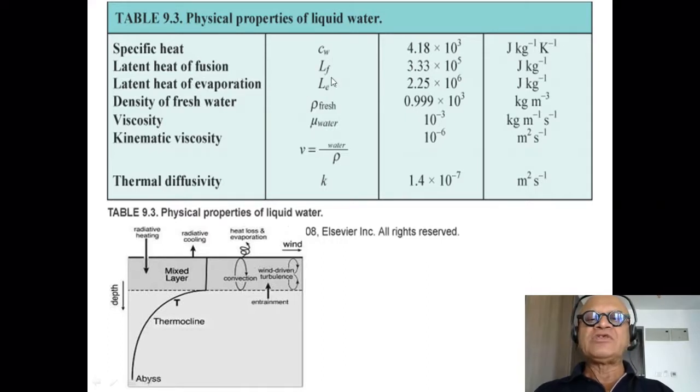There is the latent heat of fusion, latent heat of evaporation, very critical, density of freshwater, viscosity, kinematic viscosity, and thermal diffusivity. We mentioned before that thermal diffusivity is 100 times larger than salinity diffusivity, but that's not going to be very critical here.